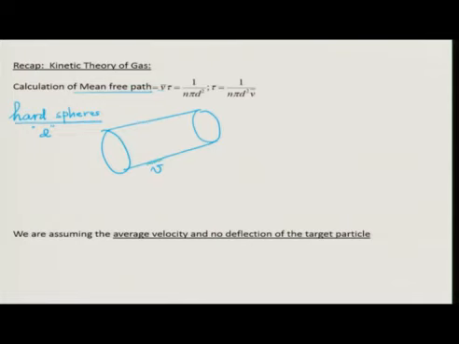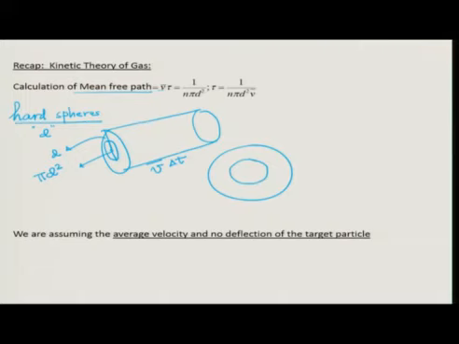This is the height, and this area is pi d square, and molecular diameter is this d, and this radius is d. Okay. Now, we draw this picture.